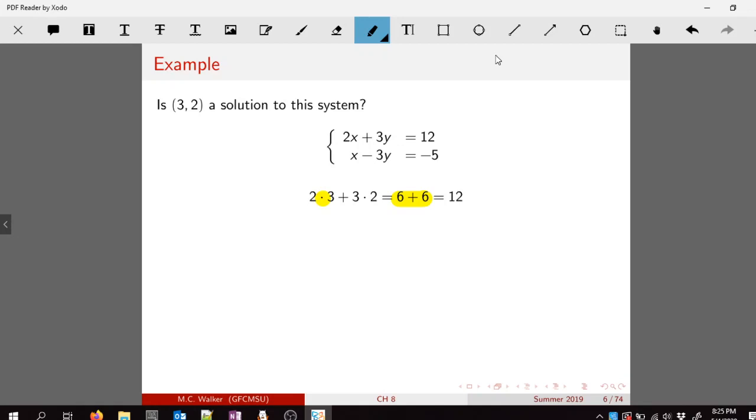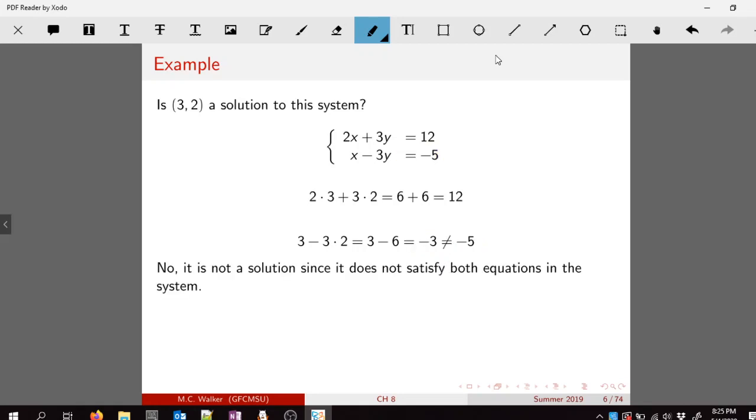That's 6 plus 6, which is 12, true. But when we substitute into the second equation, we get 3 minus 3 times 2, which is 3 minus 6. That's -3, and -3 is not -5 like we needed. That means that this is not a solution. It doesn't satisfy both equations in the system.